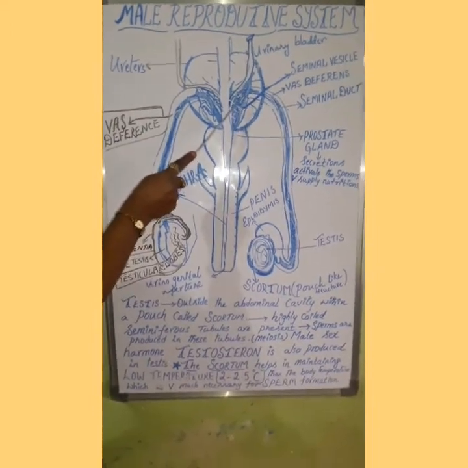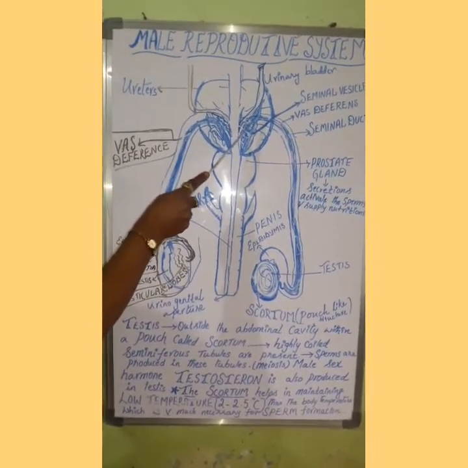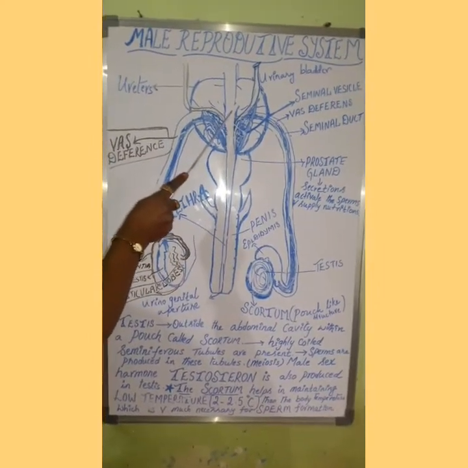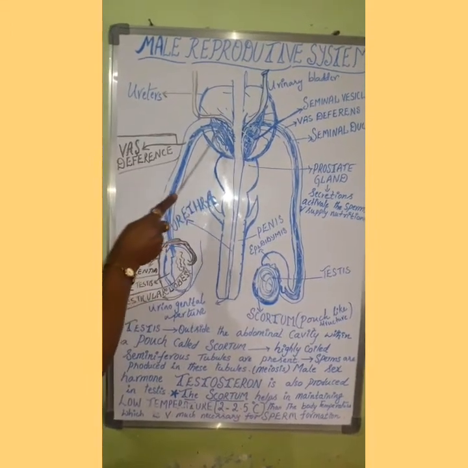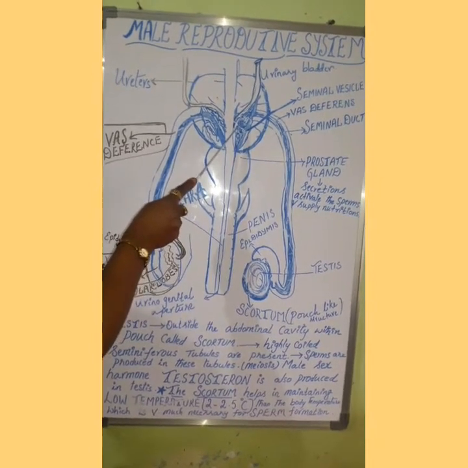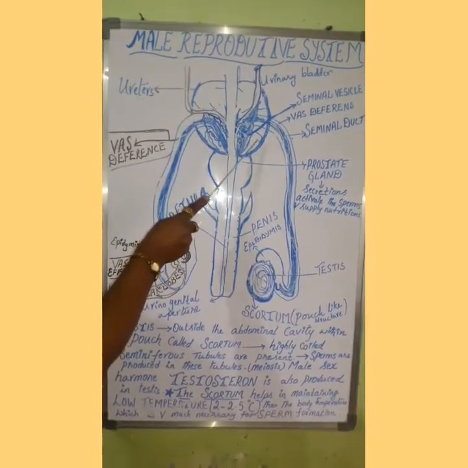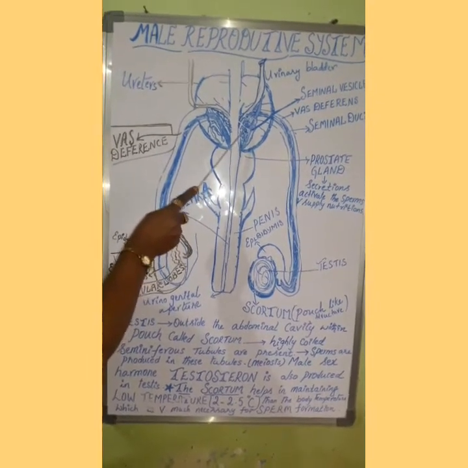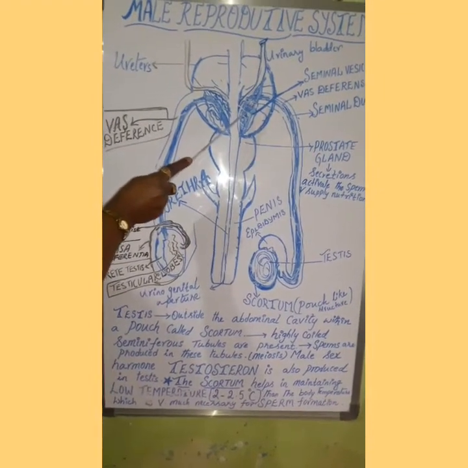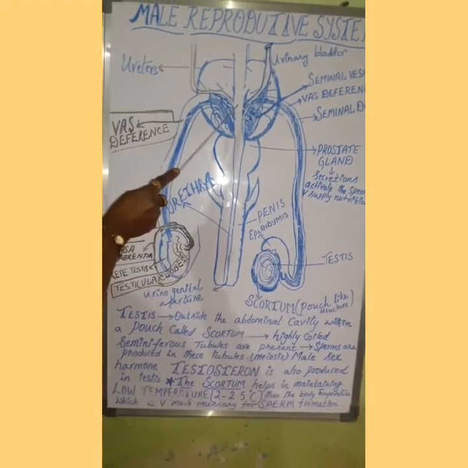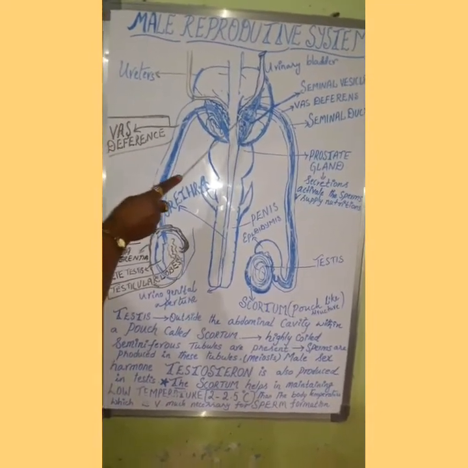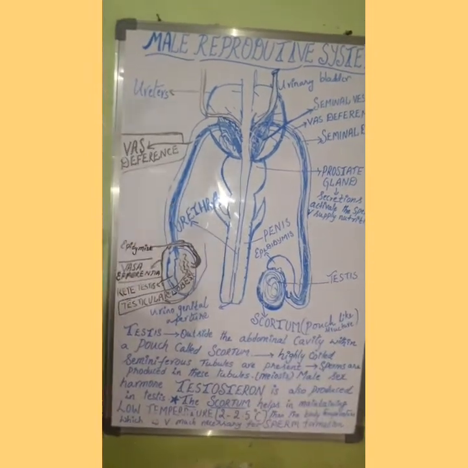The fluid secreted from the seminal vesicles, prostate gland and bulbourethral gland is collectively called seminal plasma.